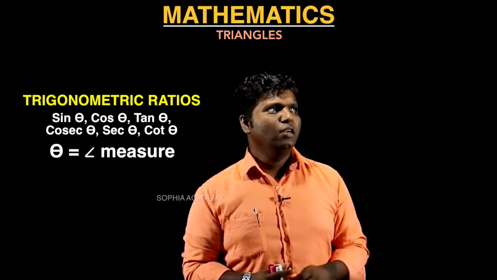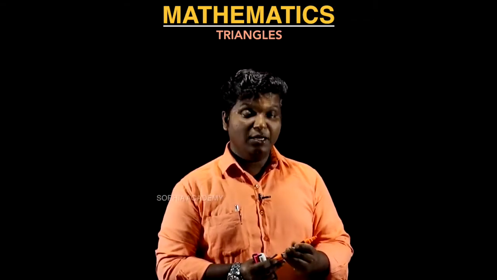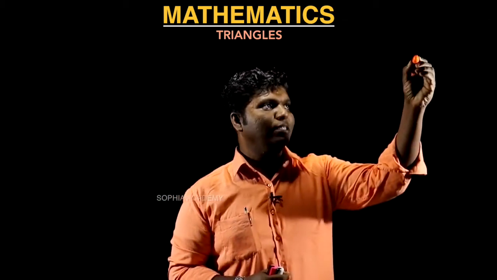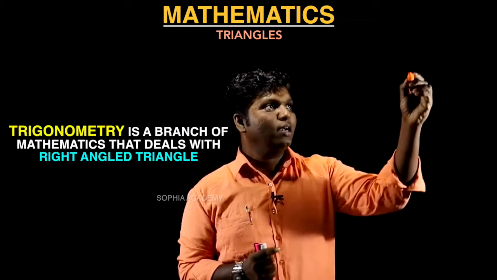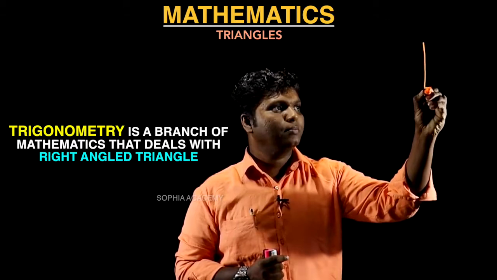So let me draw a triangle and introduce these one by one. I told you trigonometry deals with the study of right angled triangles, right? So let us draw a right angled triangle.